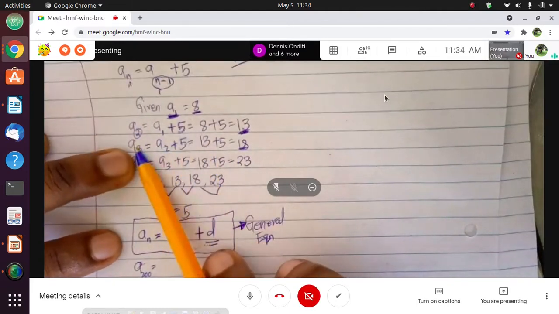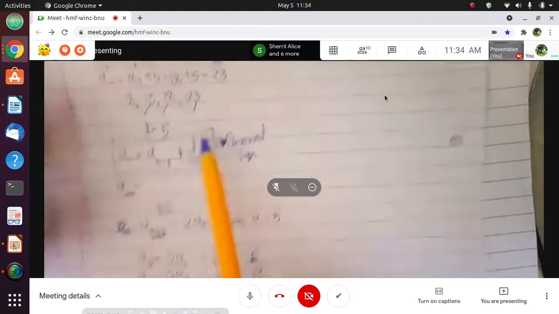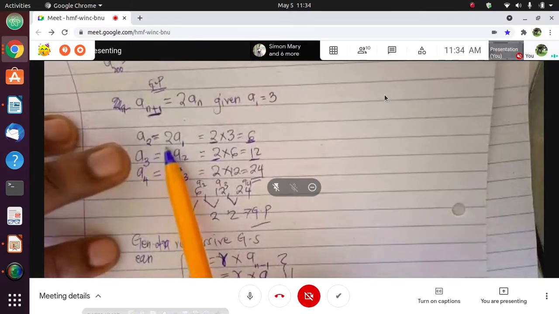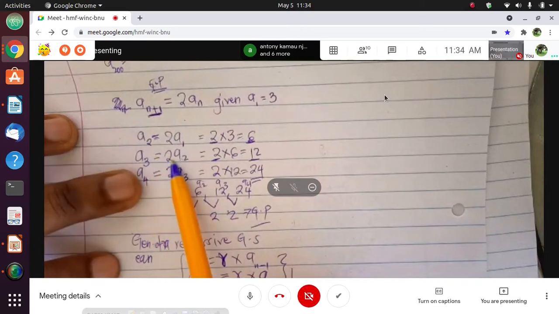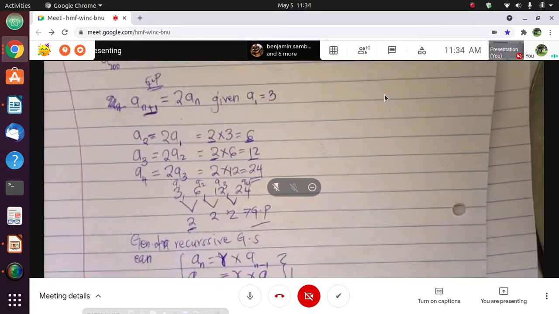To get A3, I took A2 plus the common difference. That is for arithmetic progression. For recursive geometric progression, to get A2, I took the common ratio multiplied by A1. To get A3, I took the common ratio times A2. Are you together?